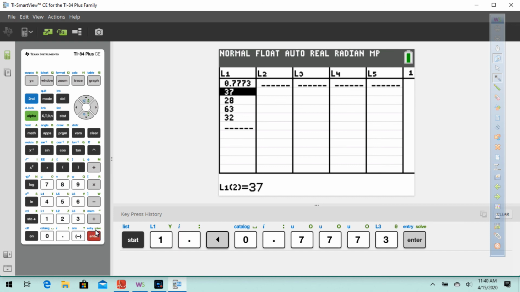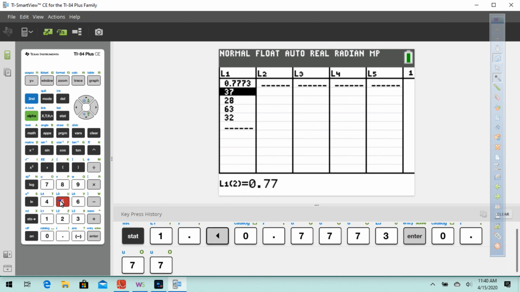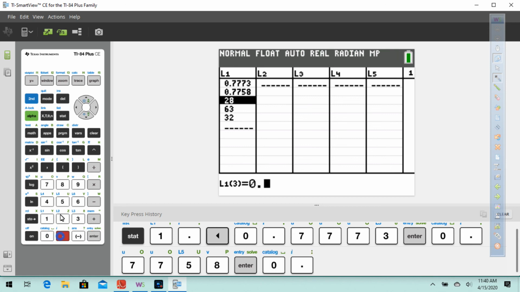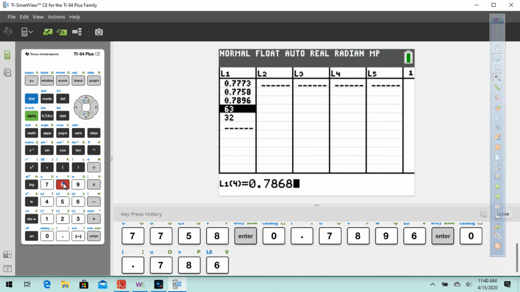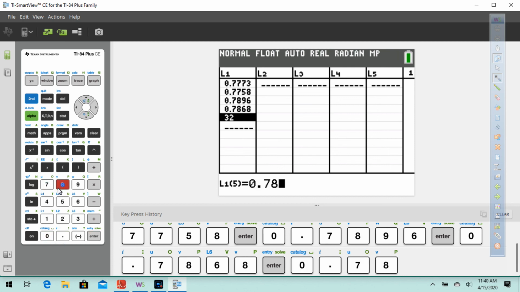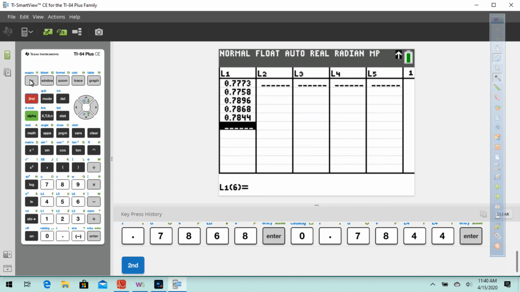And we got 0.7758. When I run both of these calculators, it really slows stuff down. And 0.7896, 0.7868, and 0.7844. All right, second stat plot.